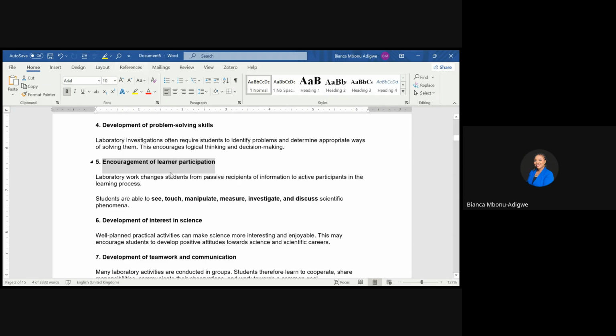Now, laboratory work actually makes students move from people that are just listening to you to people that are active. So it helps them to see, to touch, to manipulate, to measure. They are involved in what is happening.